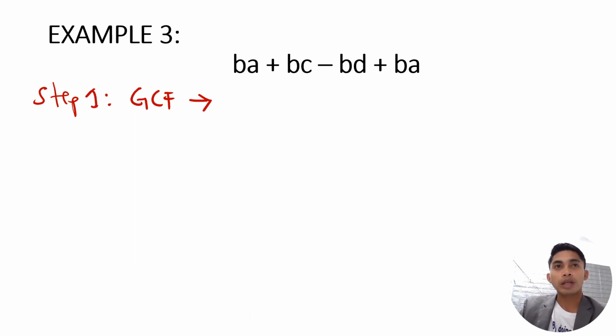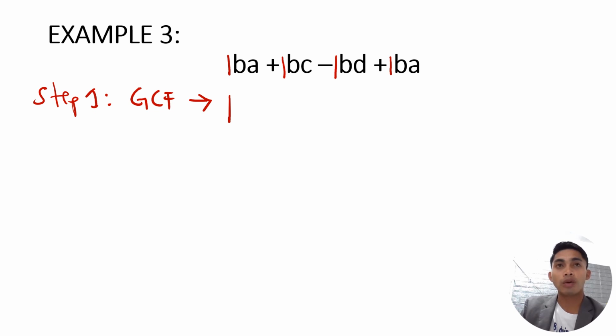So since the numerical coefficient for the four terms is 1, so we have an imaginary 1, right? So therefore, directly, the numerical coefficient is 1, so the common factor is 1. For our literal coefficient, we need to find the common factor between BA, BC, BD, and BE.